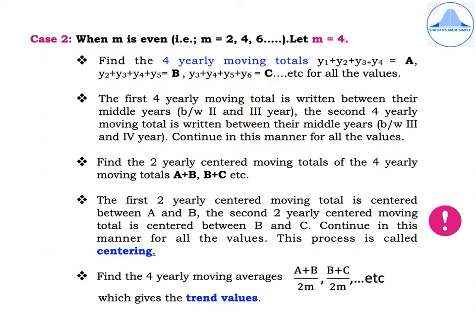This process is called as centering. In the last step, we find out the 4 yearly moving averages, that is A plus B divided by 2m, similarly B plus C divided by 2m, and so on, which gives the trend values.